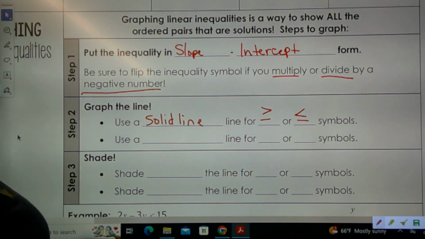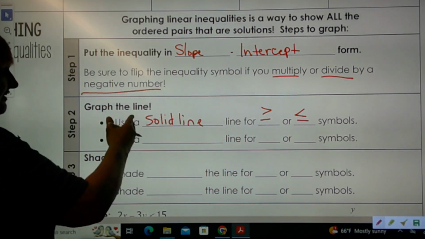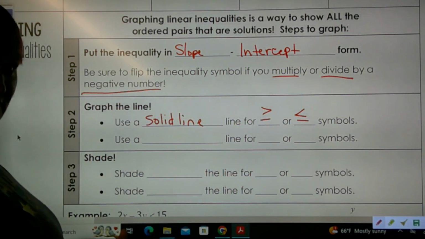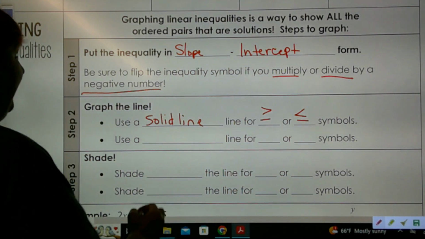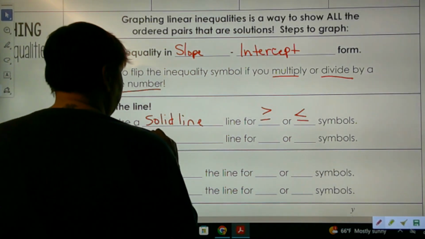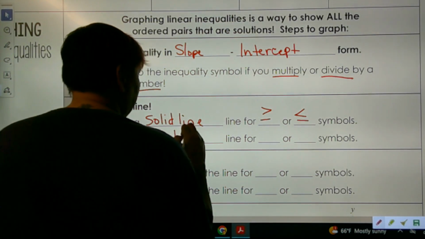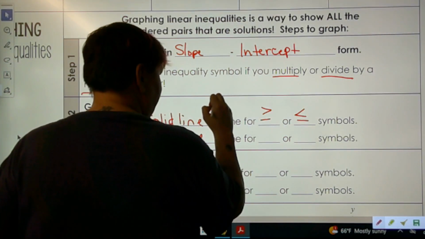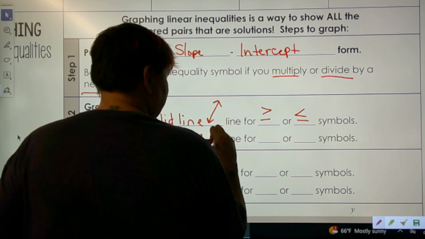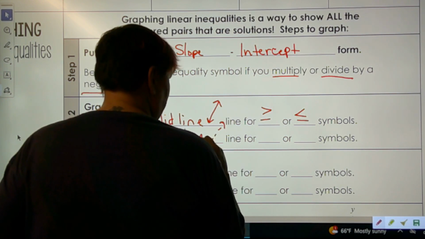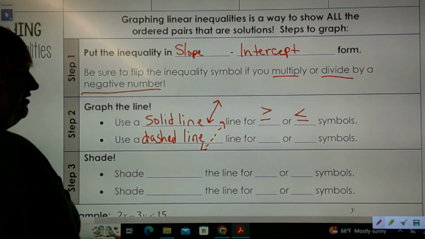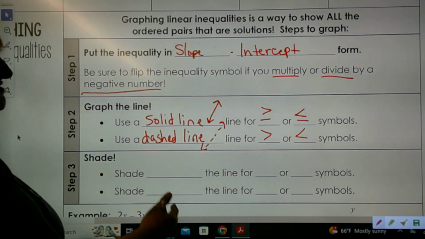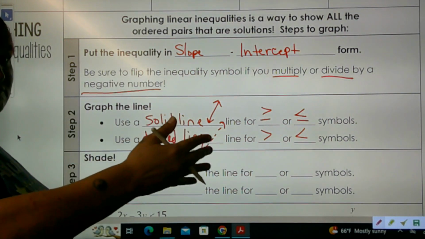If it includes equal, then it has to be a solid line because it includes everything on the line. And you're going to use a dashed line for greater than or less than, because that means it doesn't include the values on the line.